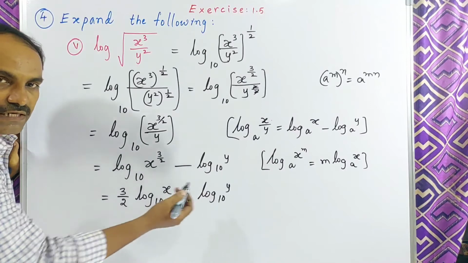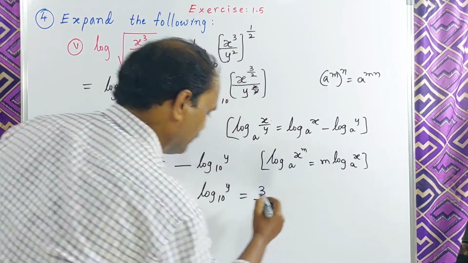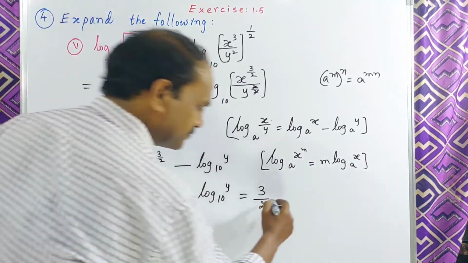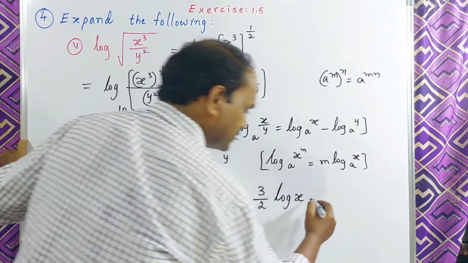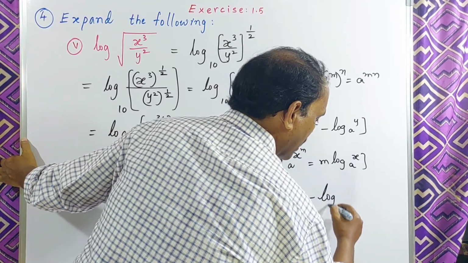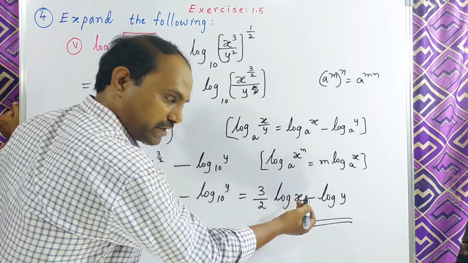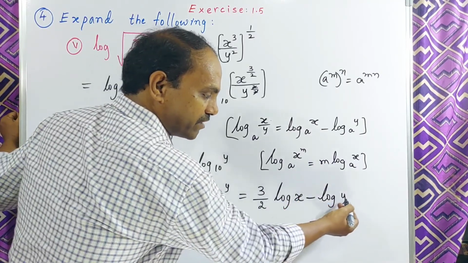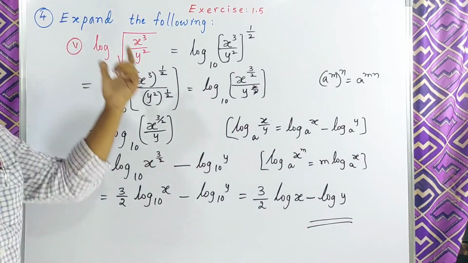Remove this 10 also. What we will get: 3 by 2 log x minus log y. This is our answer. Here log x means log x to the base 10, and log y means log y to the base 10. This is the fourth Roman answer.